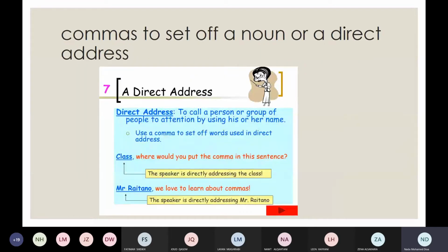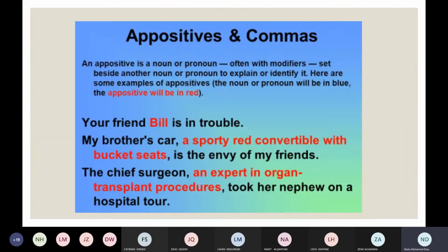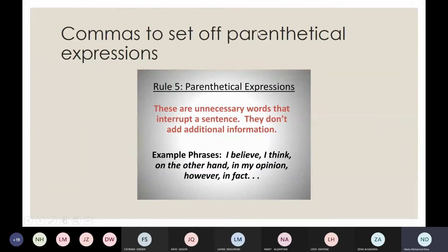Then we go to commas to set off parenthetical expressions. What are parenthetical expressions? Parenthetical expressions are expressions which are not necessary to be known or used. They do not add any extra information. Like what? Like "I believe."